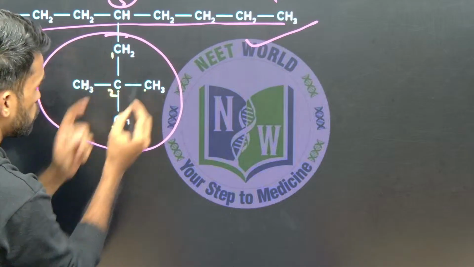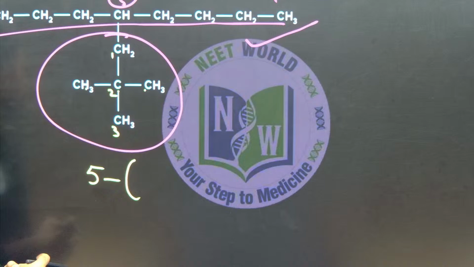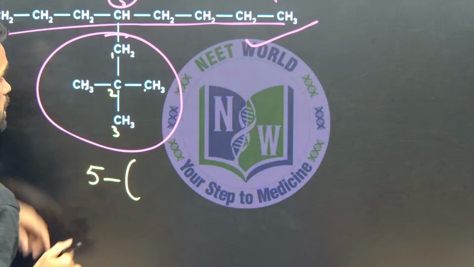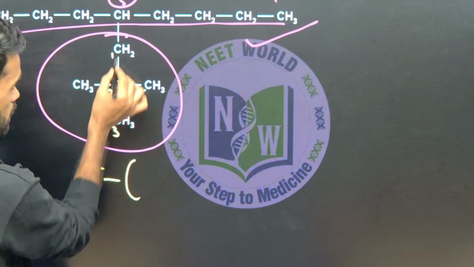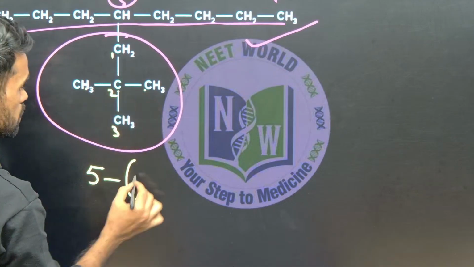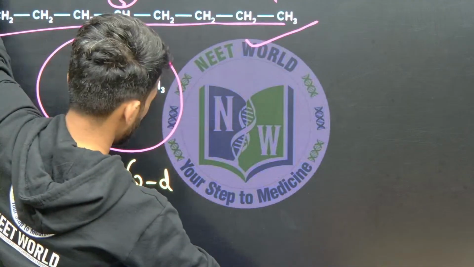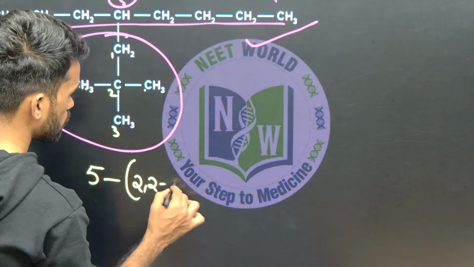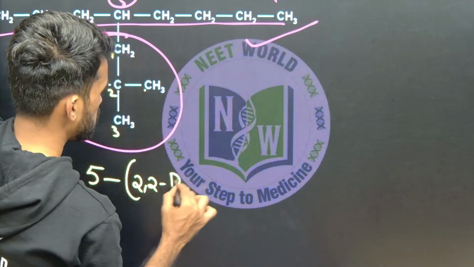So at the 5th position we have 5, open the bracket, parenthesis bracket we can say, and here 1, 2, 3. At the second position we have methyls, so 2,2-dimethyl.